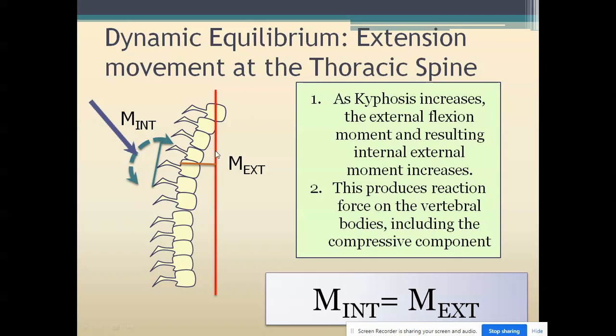This was explained in the previous slide: this is the moment occurring due to external force, whereas this is the moment occurring due to internal force, produced by your muscles.